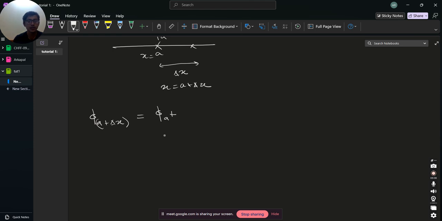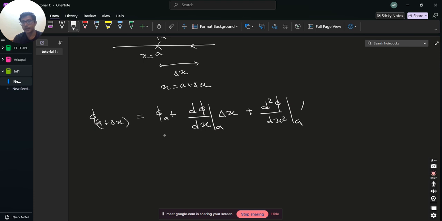Okay, so phi at x equal to a plus delta x, we will write it like this. Okay, so d phi/dx at point a times delta x plus d square phi/dx square at a, delta x square by 2 factorial, here also 1 factorial is there, plus d cube and so on, right?